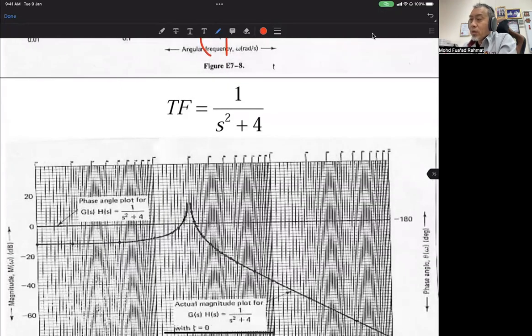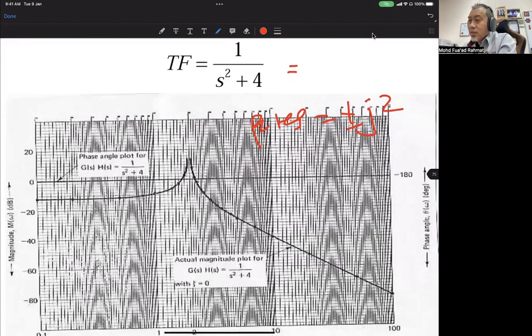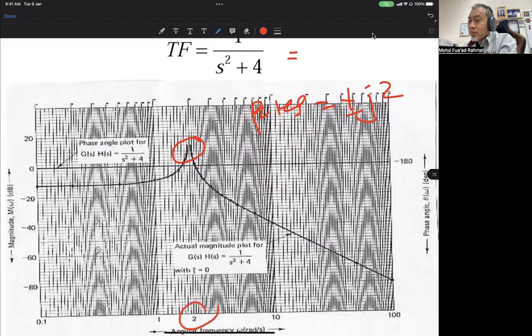And this one is quite unique because it only has complex poles, at complex value plus minus j2. So in the plot of the gain there is a peak over here at 2, because the system is undamped with zeta equal to 0.